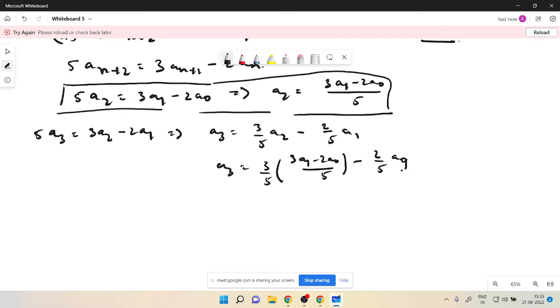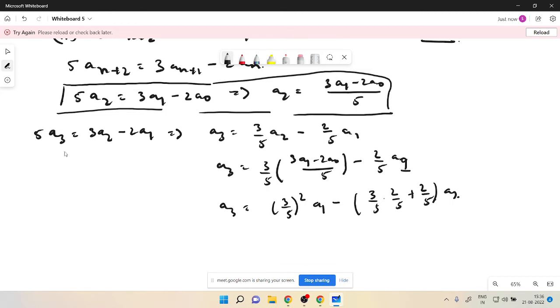Yeah, sorry, a1. So a3 is equal to 3 by 5 whole square times a1 minus 3 by 5 into 2 by 5 times a0, minus 2 by 5 a1.